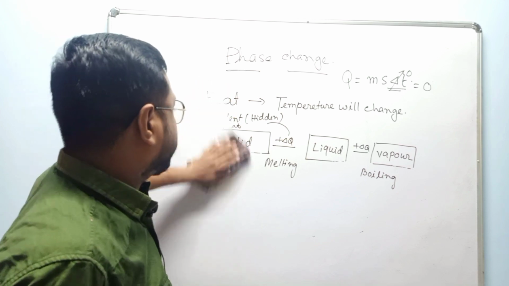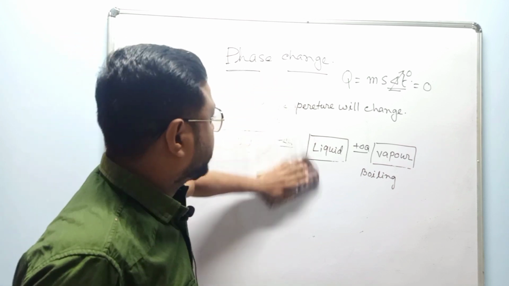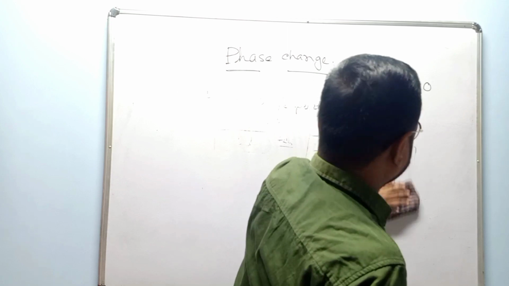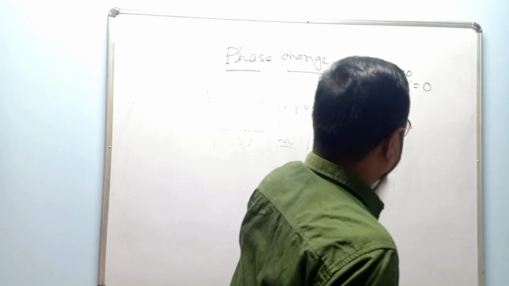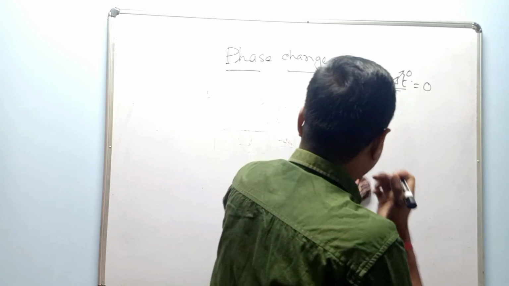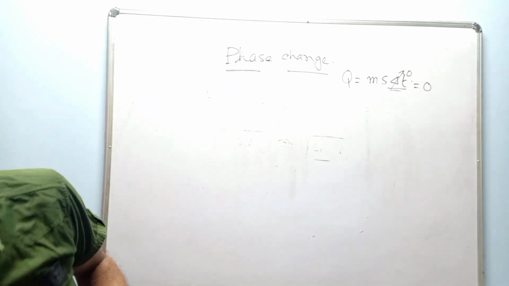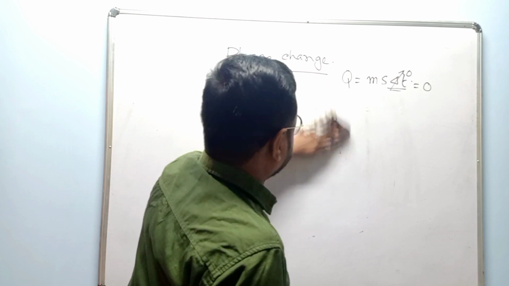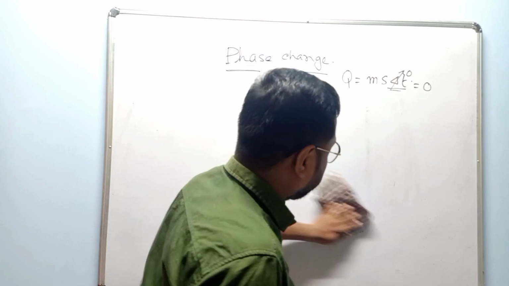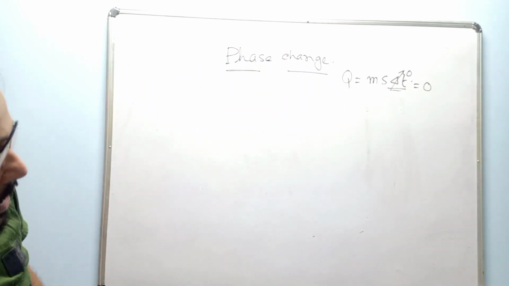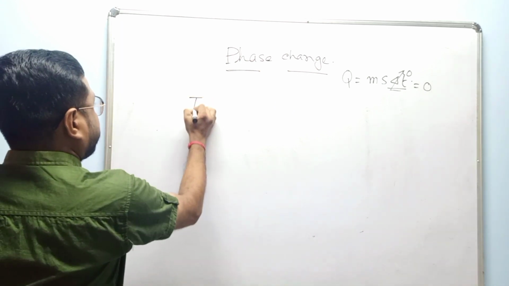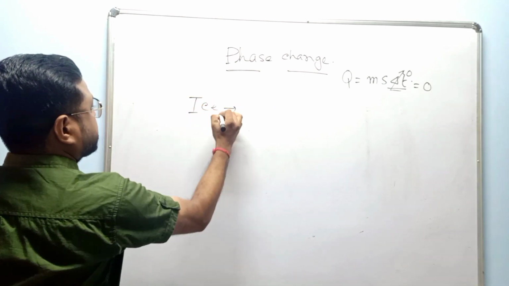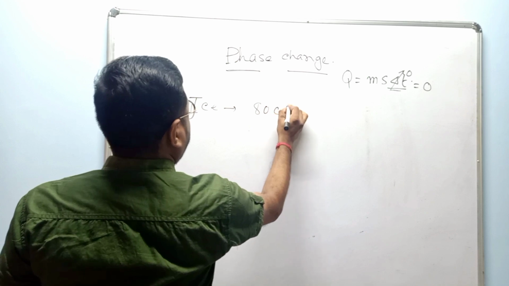Generally we deal with two types of latent heat. One is latent heat of fusion and the other is latent heat of vaporization. The latent heat of fusion of ice is 80 calorie per gram.